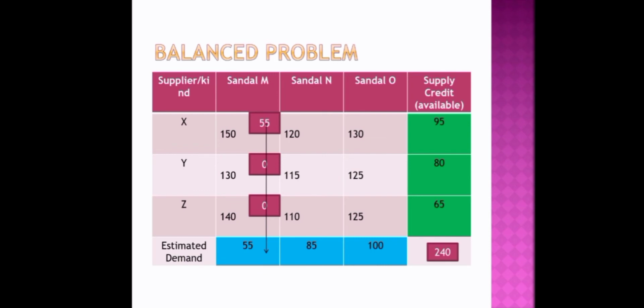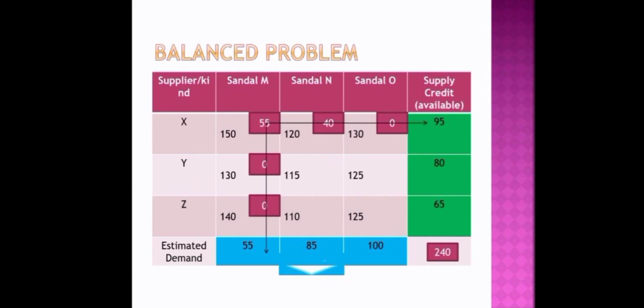Next, we need to subtract the allocated quantity, which is 55, from the supply credit. So 95 minus 55 is equal to 40. We will put the 40 here. Since 55 plus 40 is equal to 95, we will put 0 there, and we will put a line there. Next, we need to completely meet the demand of the sandal by subtracting the allocated quantity, which is 40, from the estimated demand, which is 85.